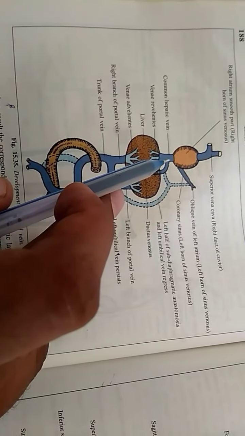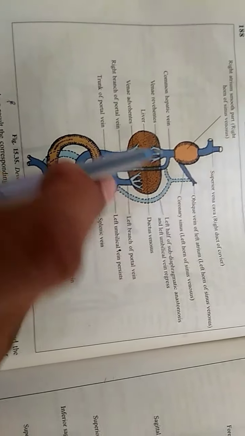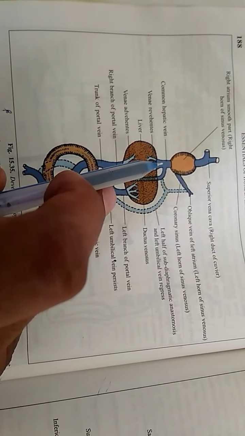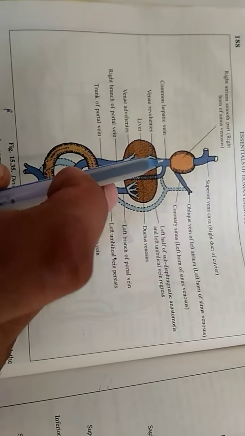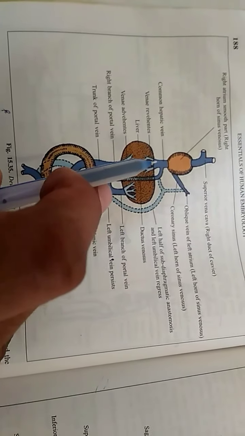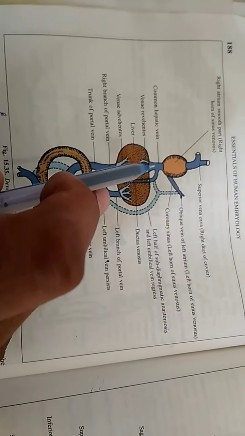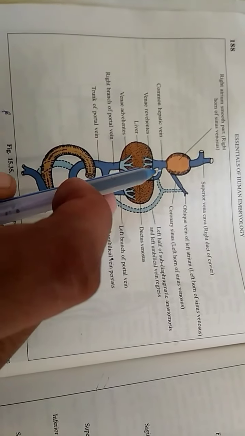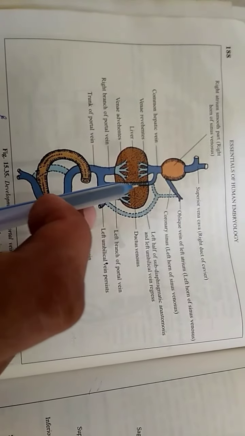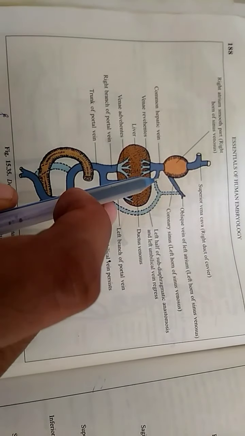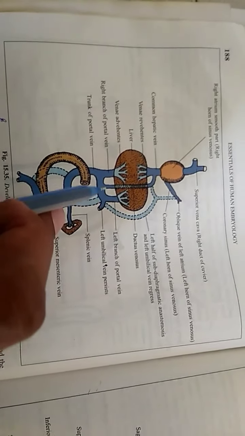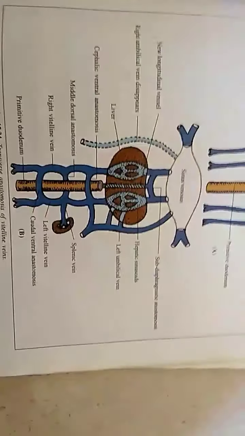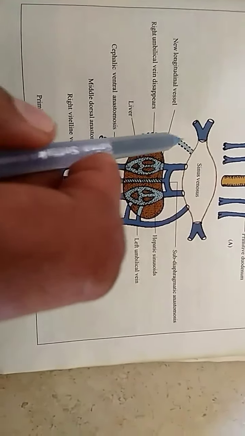So, consequently, the suprahepatic part of the right Vitelline vein enlarges and forms the common hepatic vein, which persists in adult as a terminal part of inferior vena cava. The right part of the subdiaphragmatic anastomosis forms the left hepatic vein, and a longitudinal channel connecting the left hepatic vein and left portal vein now forms the ductus venosus.